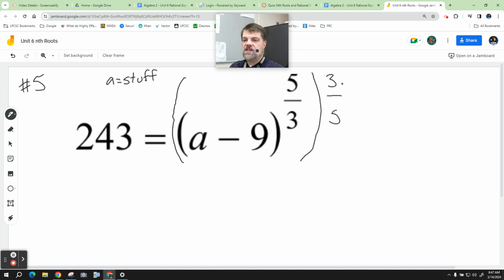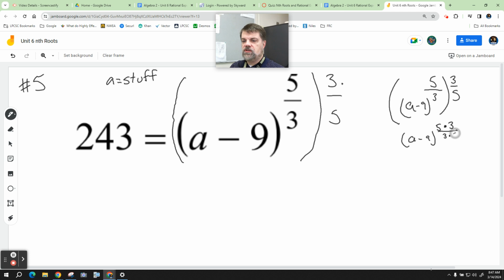Now, the property is, if I say a minus 9 raised to the 5/3, raised to the 3/5, that's the same as a minus 9 raised to the 5 times 3 over 3 times 5.